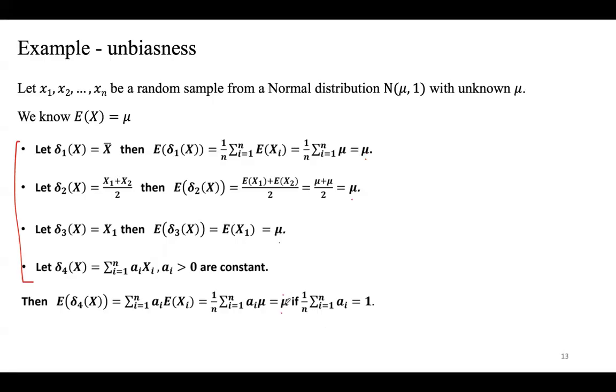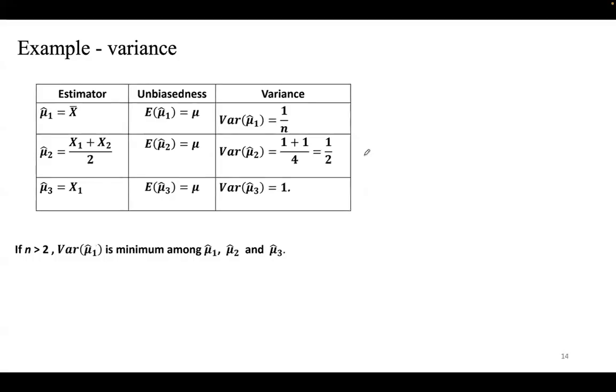So in all cases, you get mu. For all 4 estimators from the normally distributed population, you get a good estimate of mu, right? So they are all unbiased. You expected mu and you got mu. So that's good. But now you want to check the variance also.